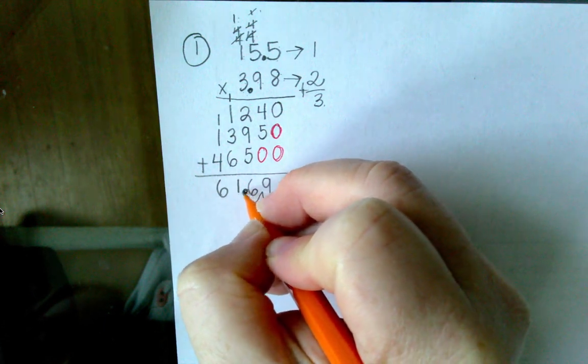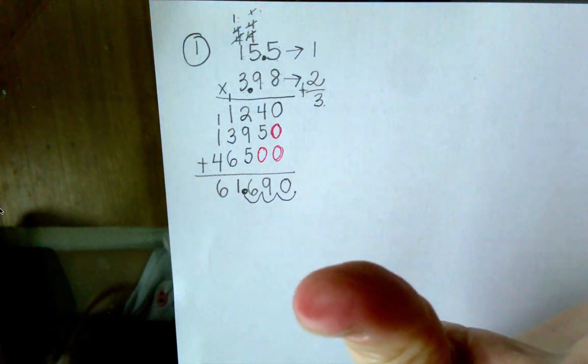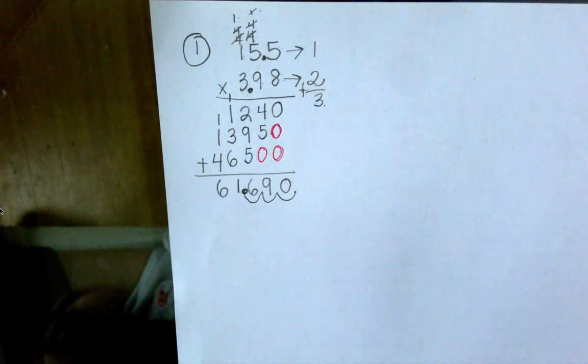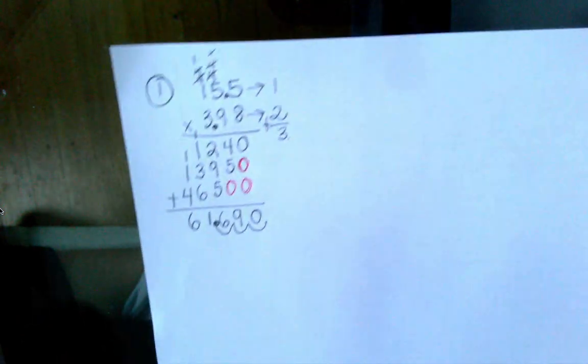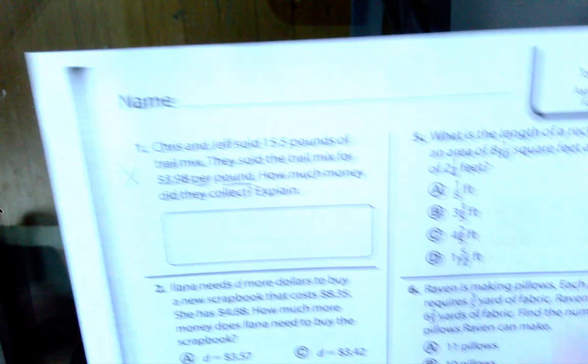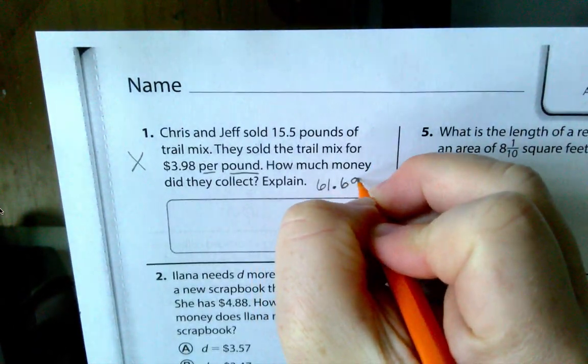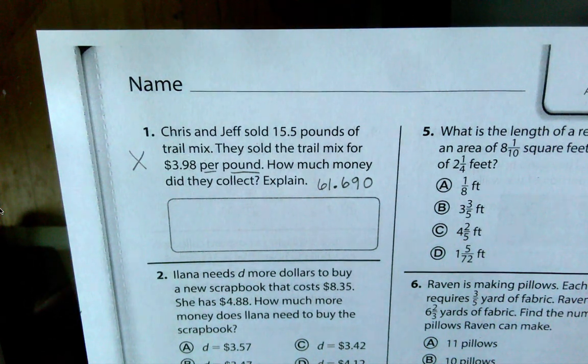And this is where my decimal lands. Okay, so right now, we need to go back and look at our question. I'm going to write in the front 61.690. That's our actual product.